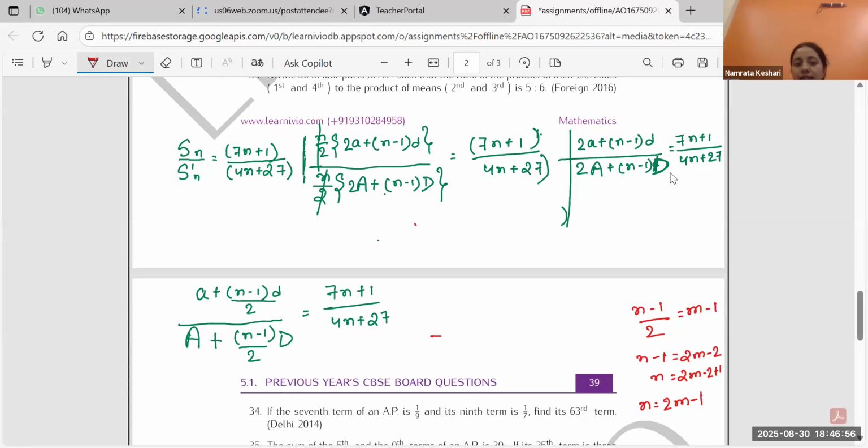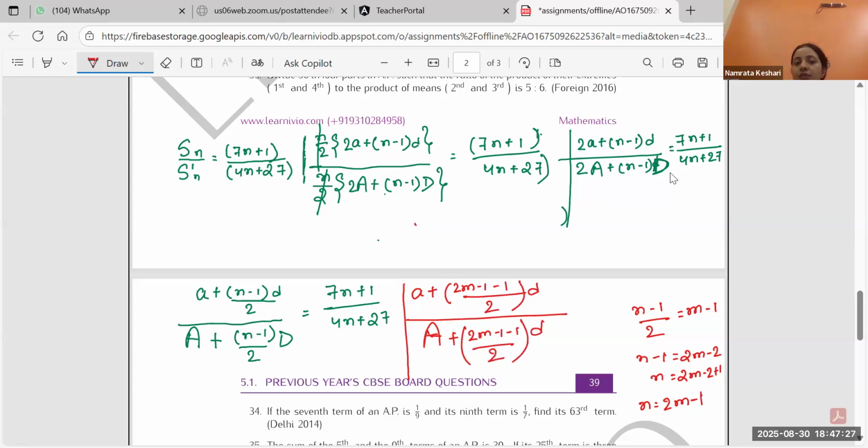When you put this n in the left hand side, you have to write it, substituting n equals 2m minus 1 on both sides. Then you will be getting a plus (2m minus 1 minus 1) by 2, multiplied with d, over a plus (2m minus 1 minus 1) by 2 into d.